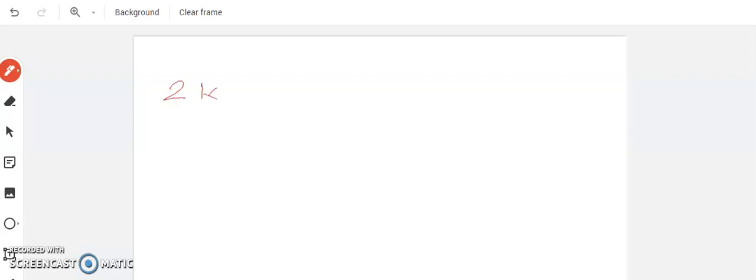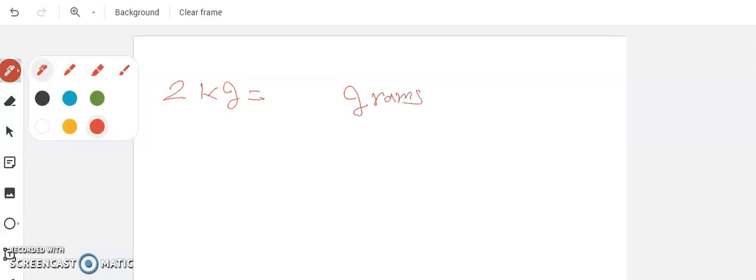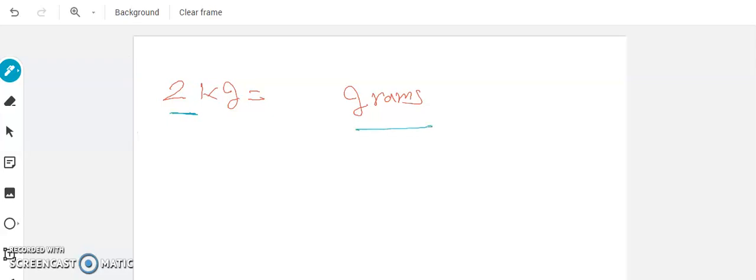If I say convert 2 kilograms into grams, we are saying here we want to convert 2 kilograms into grams. Now 1 kilogram contains 1000 grams. So if you have 2 times 1000, it will equal 2000 grams.